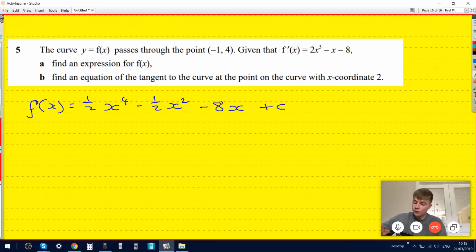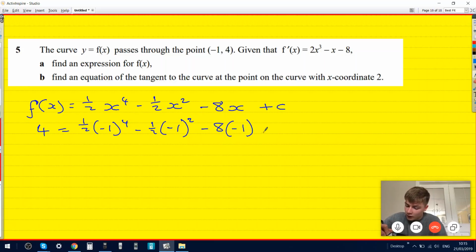So plus c. We've got y. Y is 4, so 4 equals half minus 1, outside the bracket is the power 4, minus a half minus 1 again squared, and then minus 8 minus 1, and that's plus c.